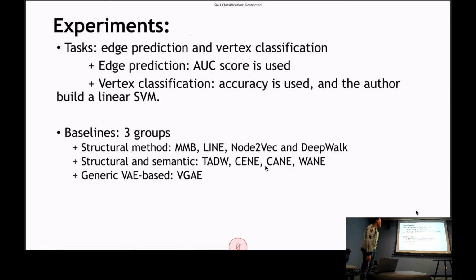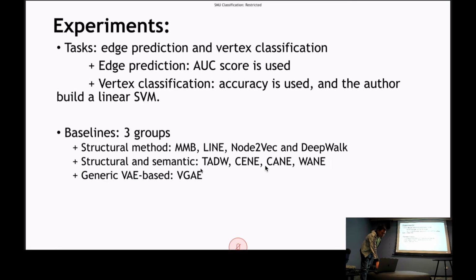Okay. So now let's talk about some experiments. The author will try to compare to three groups of papers that also produce vertex embeddings. The first group uses only structural information, which is the edge information between the two vertices, and the second group uses both structure and text information, as is the case in this paper, but they don't use a variational autoencoder.